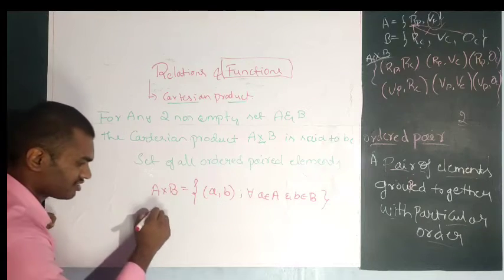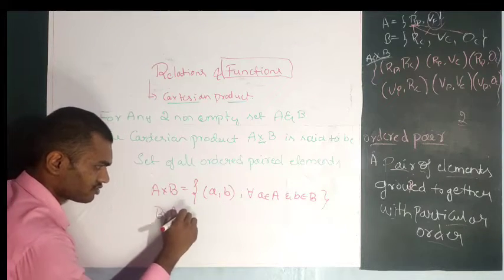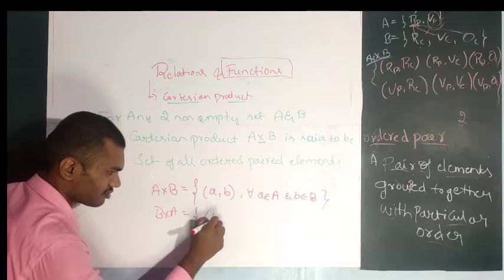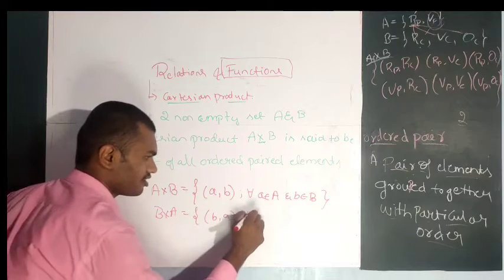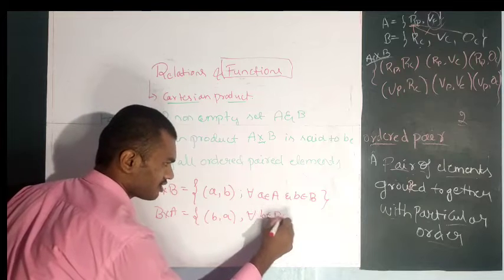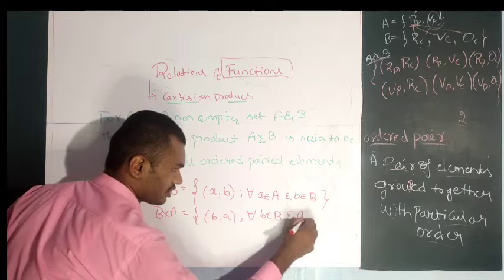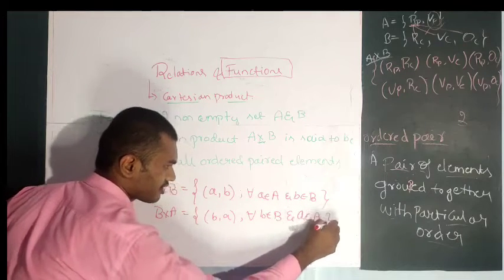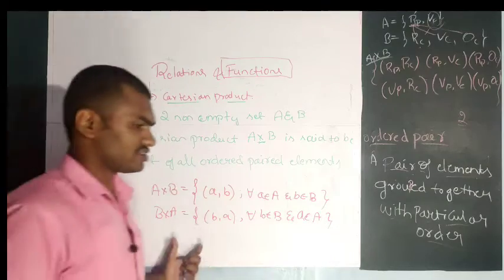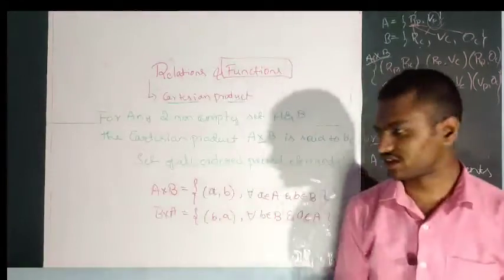If you write B cross A, it should be (b, a) for all b belongs to B and a belongs to set A, right? So this is the general form.